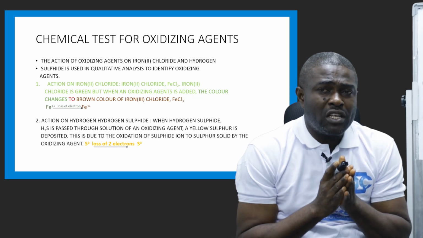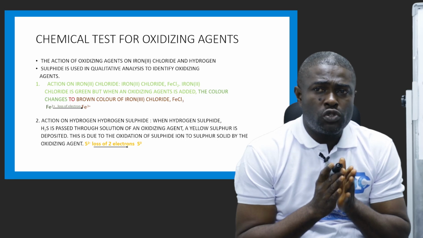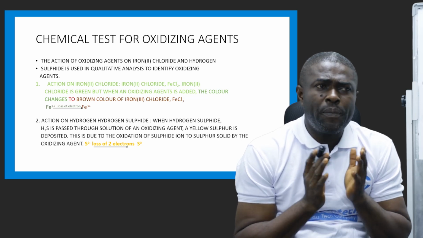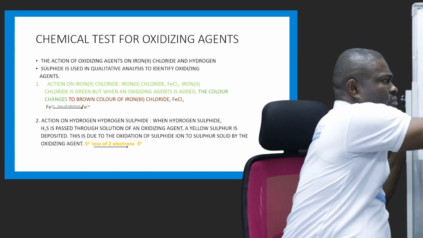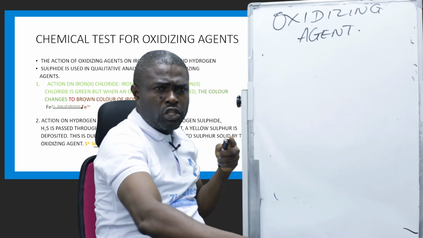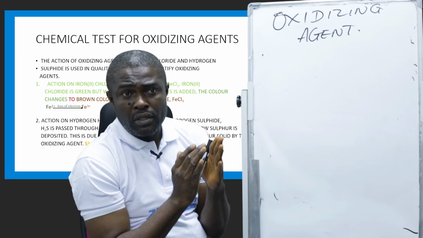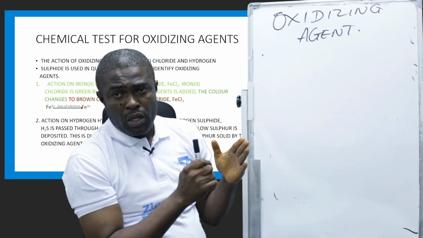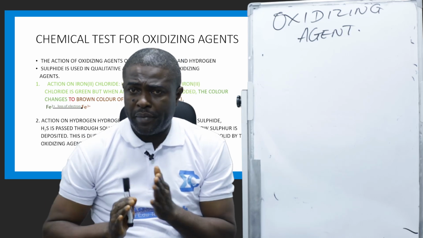What are we trying to say? For you to confirm that a substance is an oxidizing agent, we make use of iron 2 chloride. What happens to iron 2 chloride when you introduce an oxidizing agent? The color changes immediately from green or dirty green to reddish brown or ordinary brown.